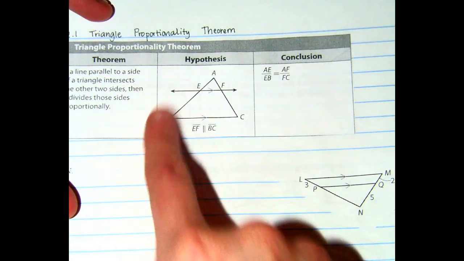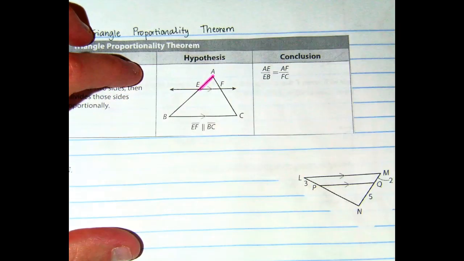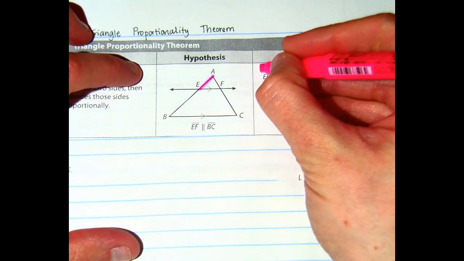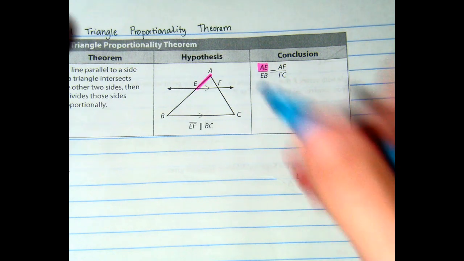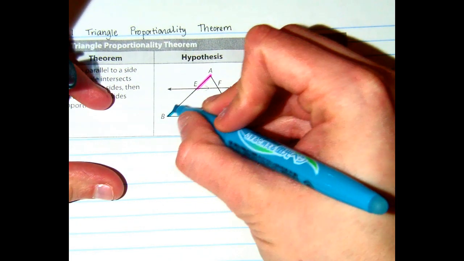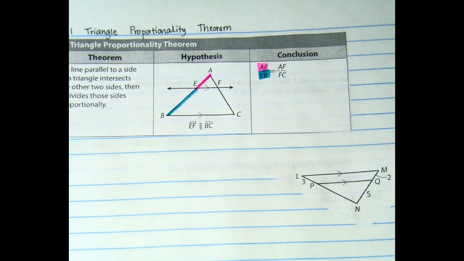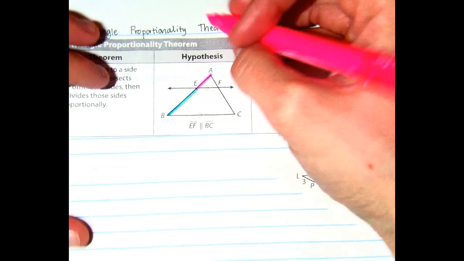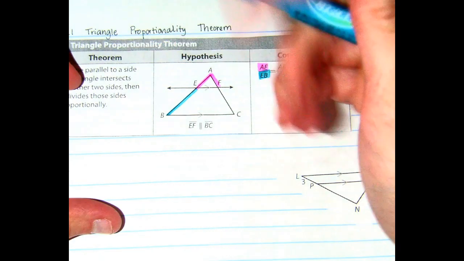So it gives us the picture here, and what it's saying is that AE, which is here, is in proportion to EB. So AE over BE, and likewise on the other side, AF over FC.